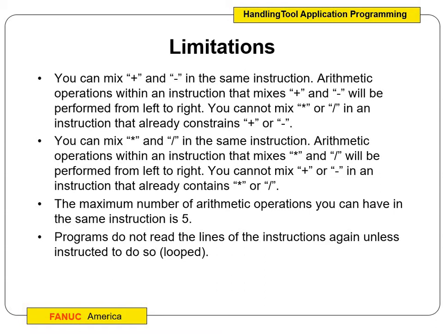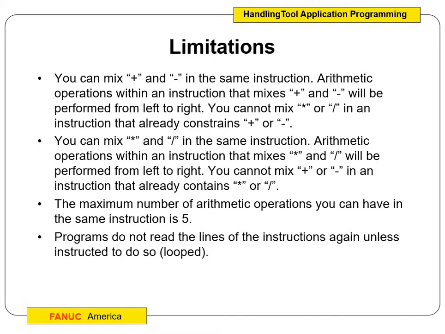And then oppositely, right, we can say that multiplication and division go together in the same instructions, but we cannot mix multiplication and division with addition and subtraction. Okay, so multiplication and division together, addition and subtraction together, but not crossing those boundaries.